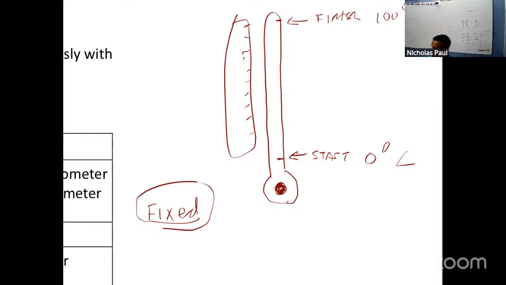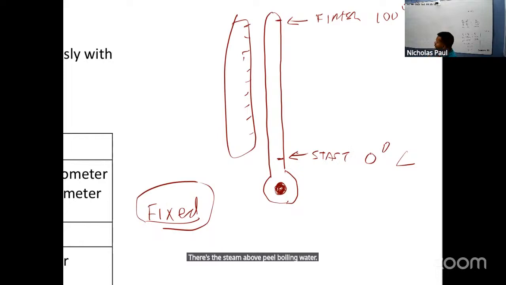Its value is 100 degrees Celsius or 373 Kelvin. So remember, the upper fixed point is the steam above pure boiling water.